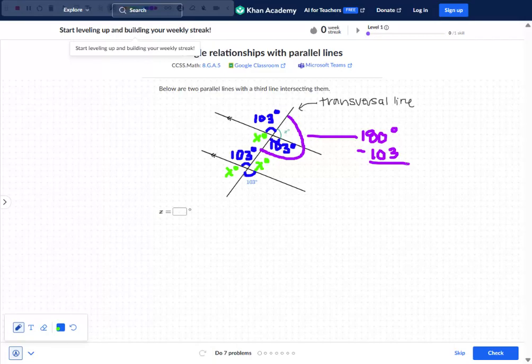So if we work it out and find out they're not congruent, it's okay, because all it means is we just have to find the other angle, which is we just subtract it from 180. So 180 minus 103 is going to give us 77 degrees. So that is the measure of angle x. So all of these we could update and change to be 77, 77, 77, 77 degrees.